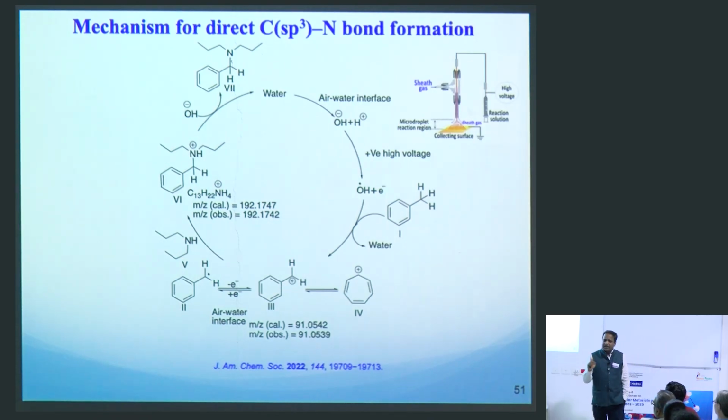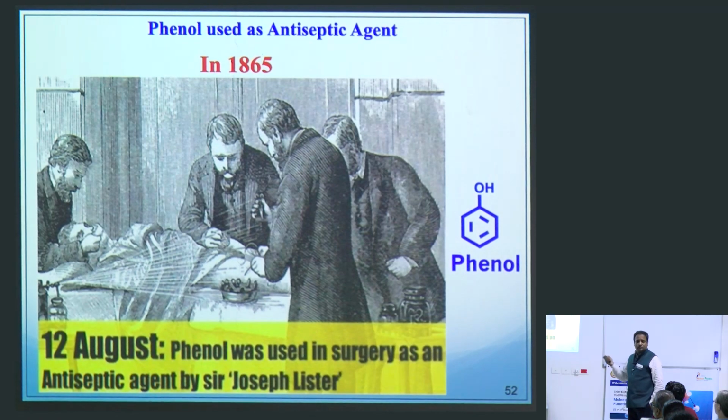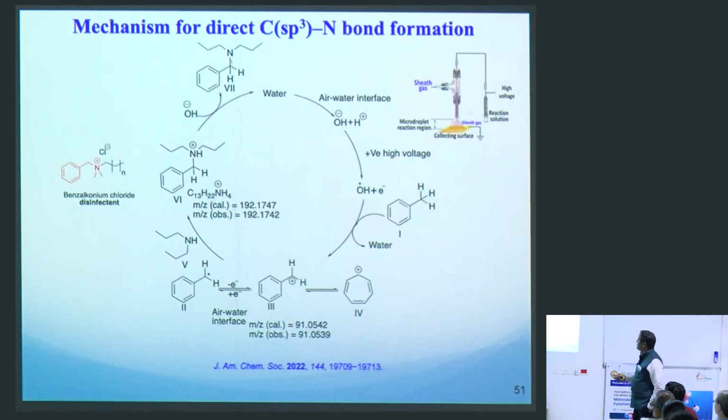Now the benzyl carbocation is highly stable due to resonance, so it forms the tropylium ion. The ring opens and forms a seven-membered ring. That is also aromatic, so one can stabilize the benzyl carbocation. Then whenever we add a nucleophile, it clearly forms the product, which has a similar type of scaffold that is also available in the market as a disinfectant.